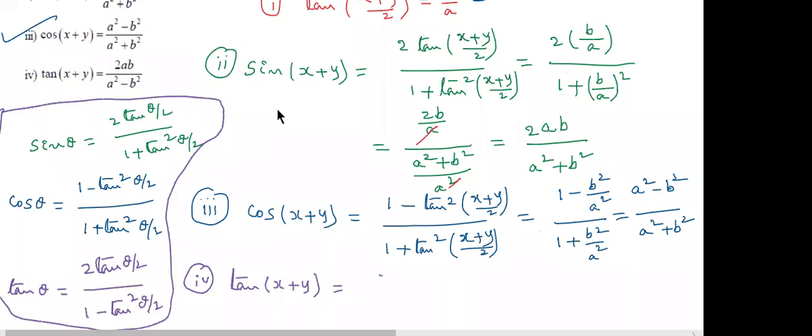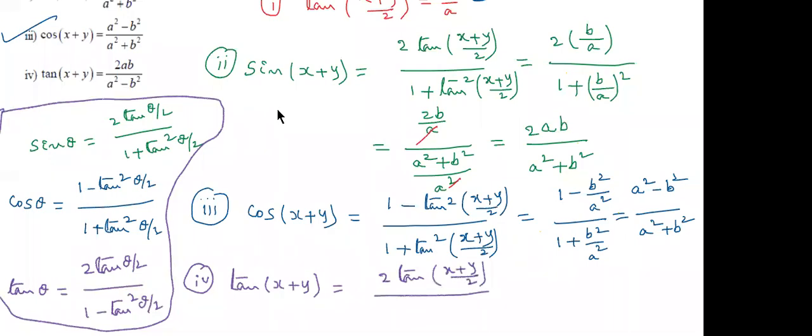Now apply the formula. 2 tan (x plus y) by 2 divided by 1 minus tan square (x plus y) by 2. Second bit and fourth bit are looking the same. Just the difference is the denominator part, plus and minus. Okay.